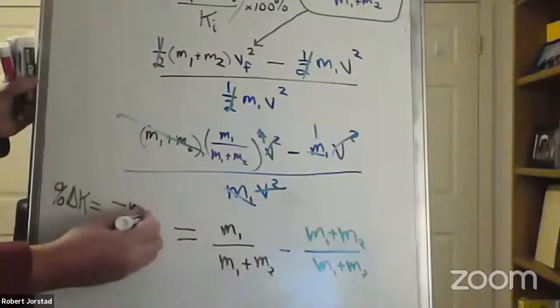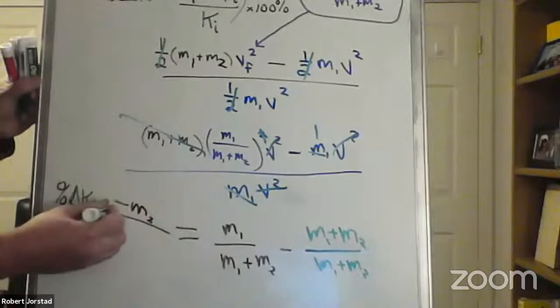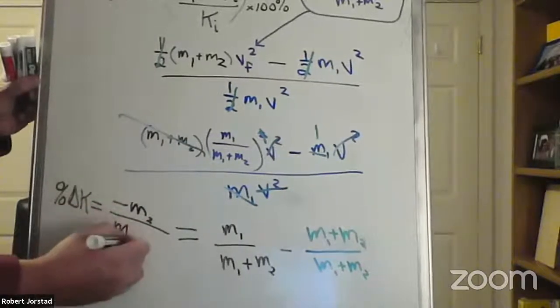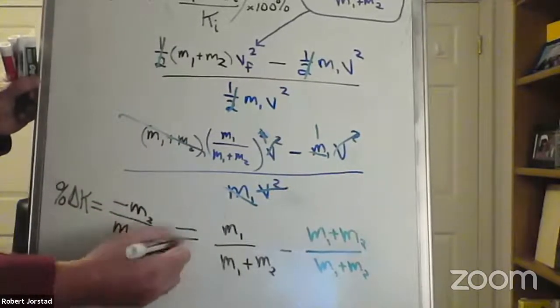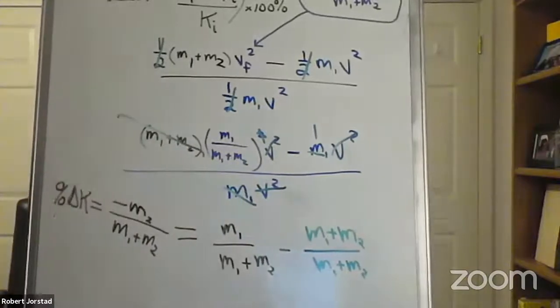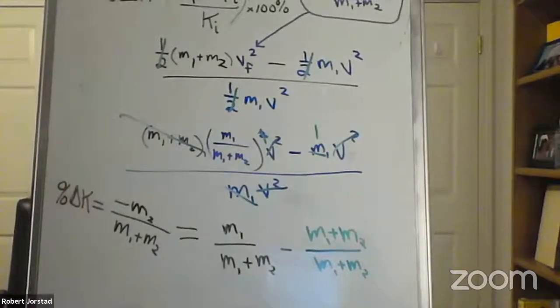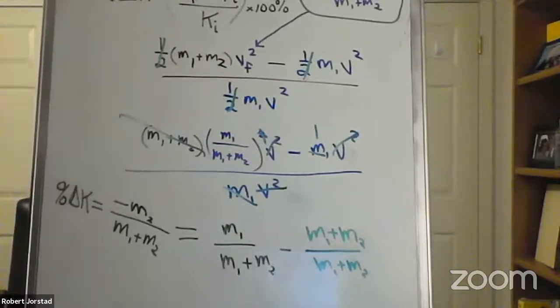Close. Negative M2. Do you see it, Jesse? Because it was minus this whole thing. Okay. All right. Now there's the 100% in there.